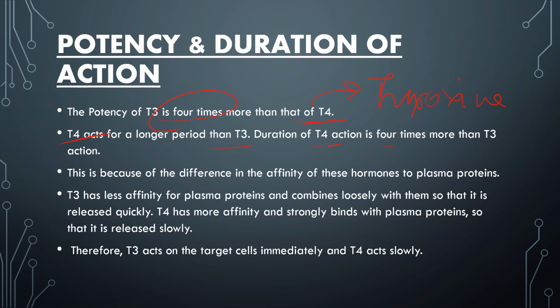Duration of T4 action is 4 times more than the T3 action. This is because of the difference in the affinity of these hormones to the plasma proteins. T3 acts on the target cell immediately and T4 acts slowly. These points can be written as the difference between T3 and T4, right?